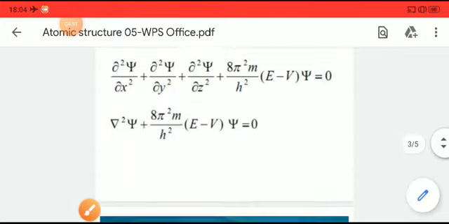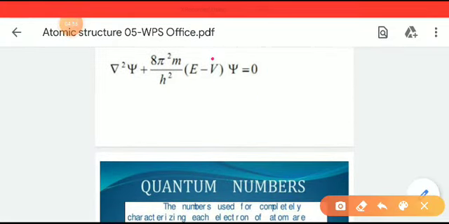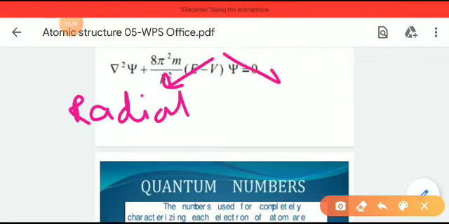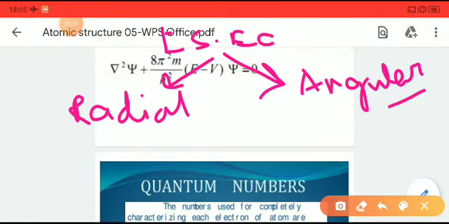So while solving the Schrodinger equation we get two parts, that is, one is the radial part and another is the angular part. From solving the Schrodinger equation this way, quantum mechanics starts. From the Schrodinger equation we get two separate sub equations, the radial part and the angular part.